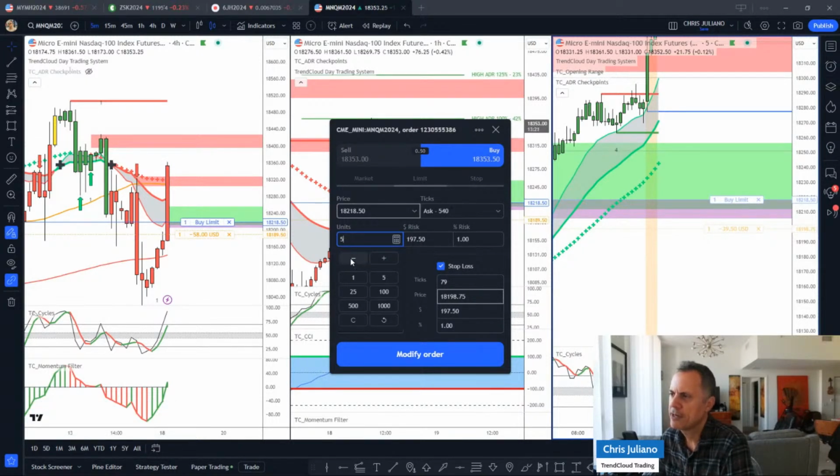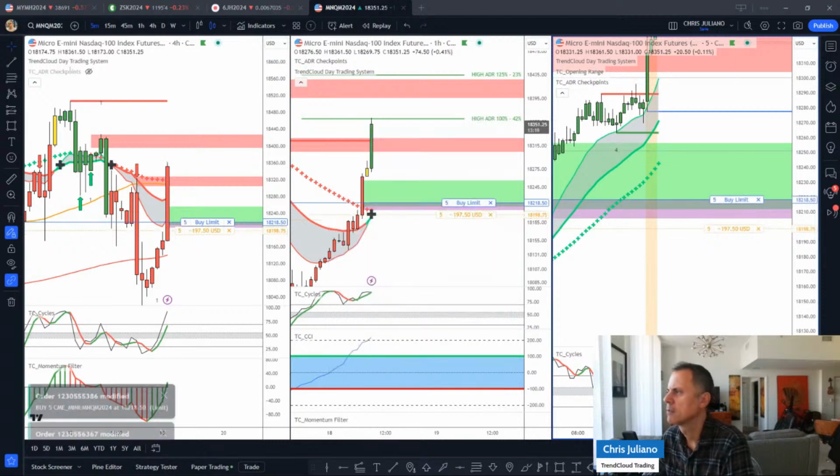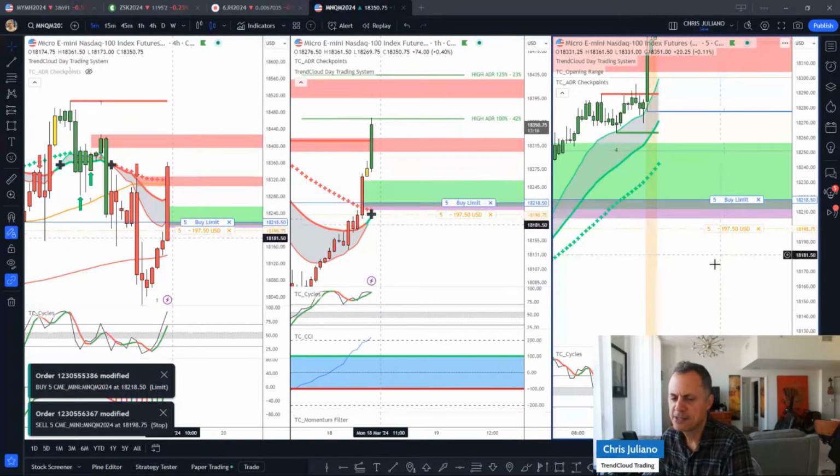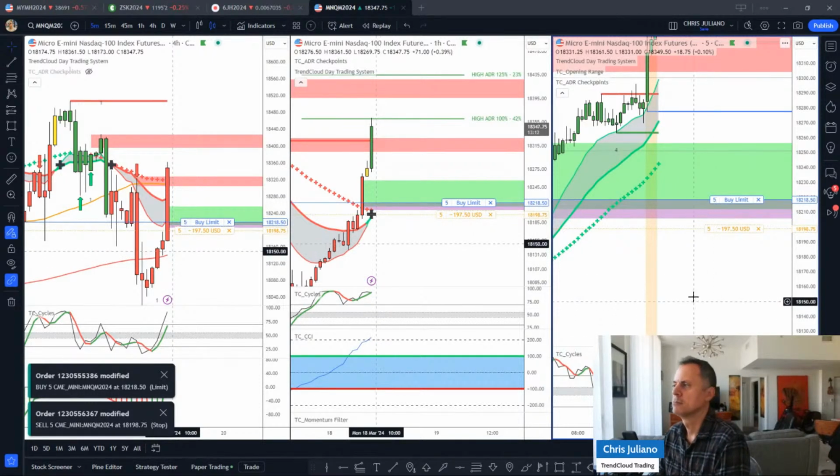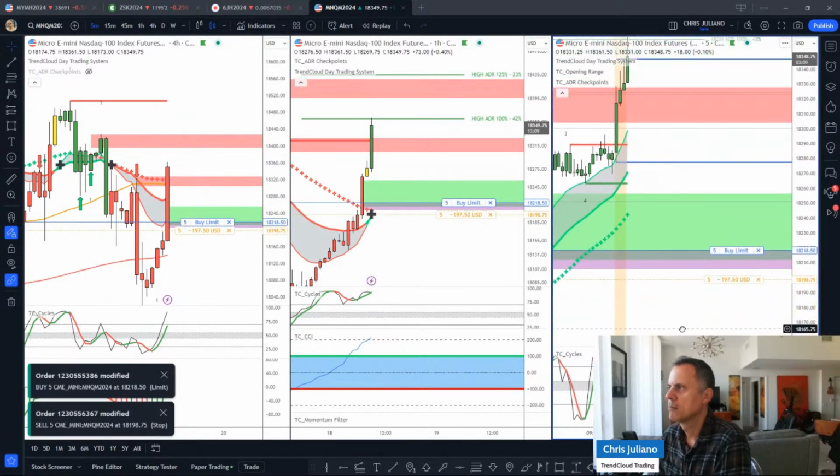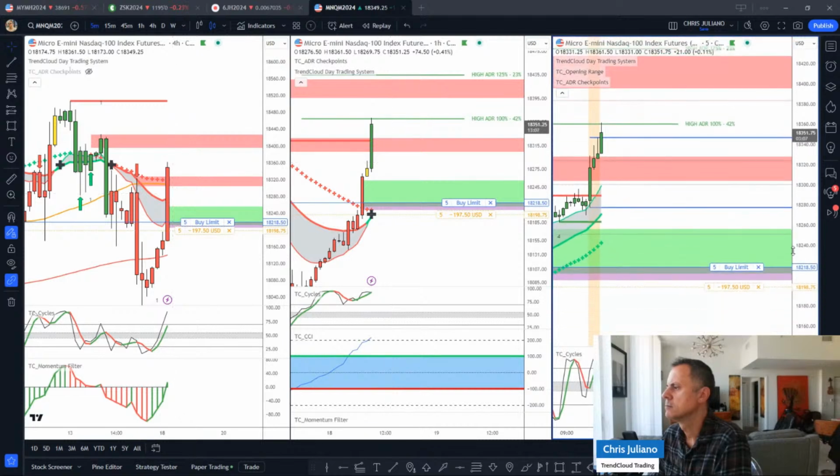You can have 5 contracts of this thing and still be less than 1% of your total current account value. Okay. All right, there you go.